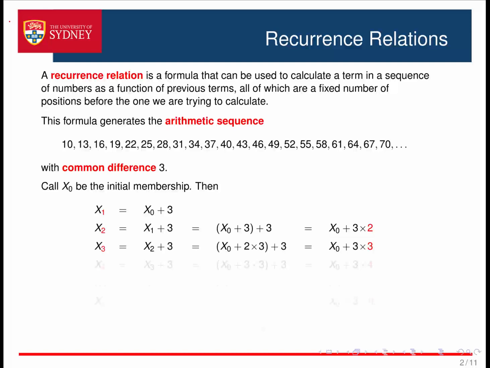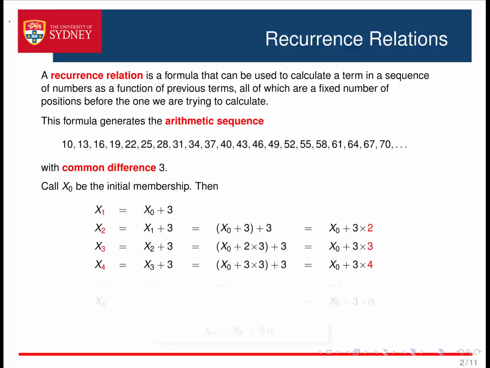Now using the same method, x3 is equal to x2 plus 3, which using our formula for x2 is equal to x0 plus 2 times 3 plus 3, which simplifies to x0 plus 3 times 3. There is a pattern emerging.